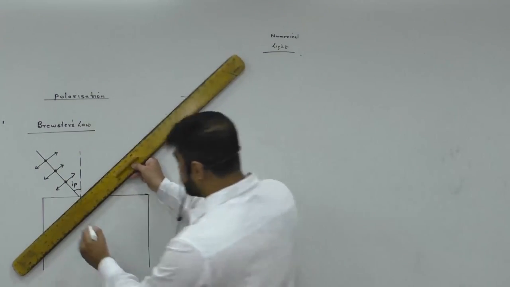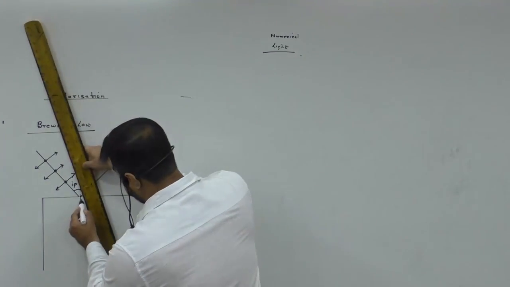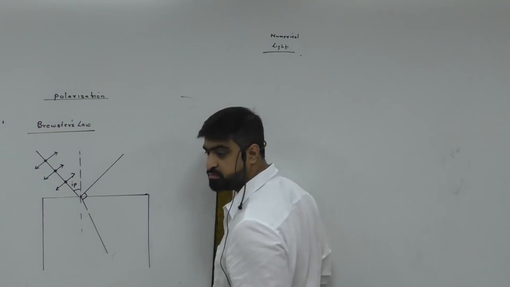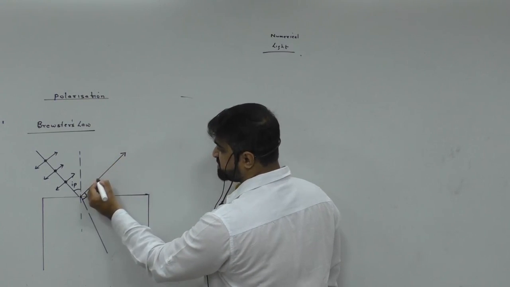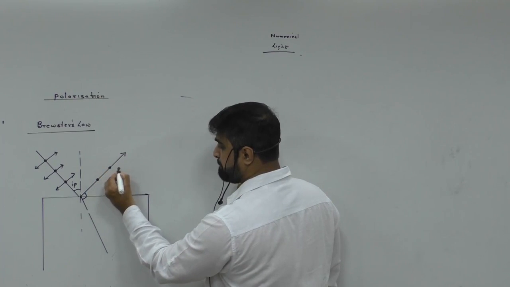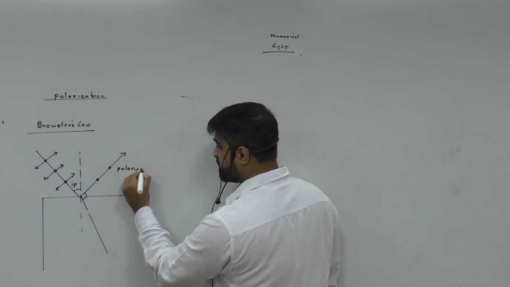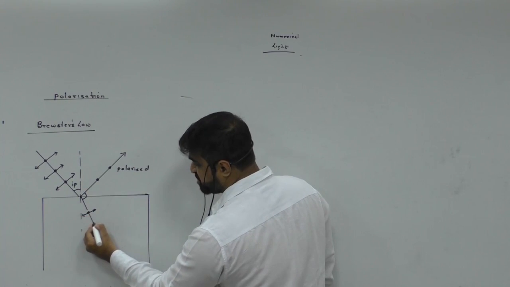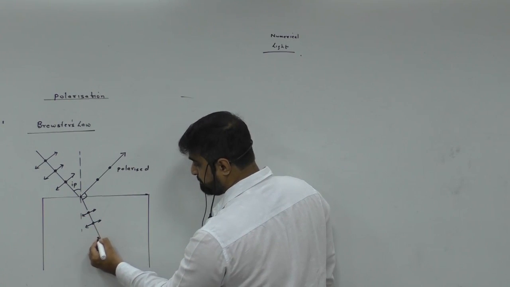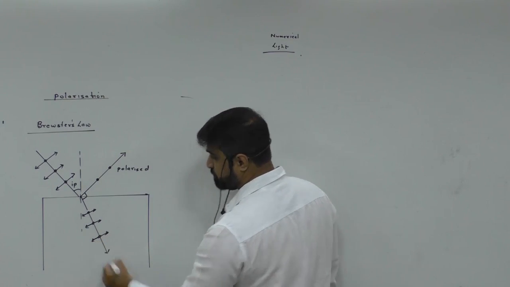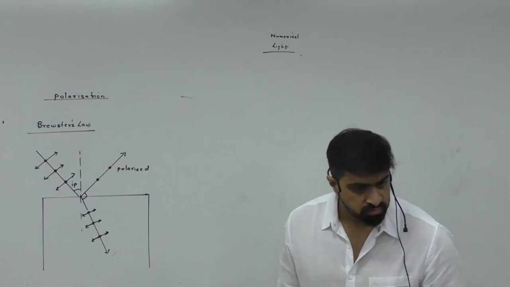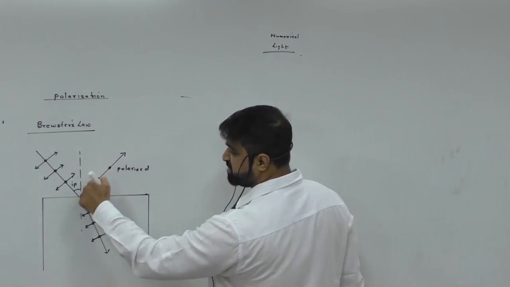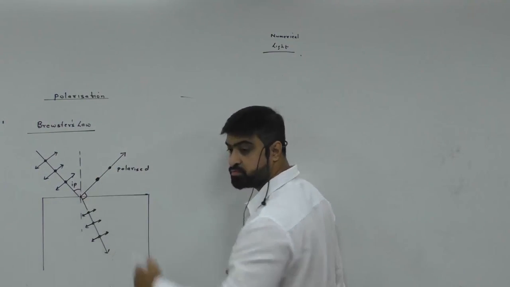You know the reflected ray and the refracted ray at polarizing angle will be 90 degree. The reflected ray is completely polarized. And the refracted rays, if you remember, it is partially polarized. Yes or no? This is polarized this way, मतलब vibrations अंदर बाहर है इसके.